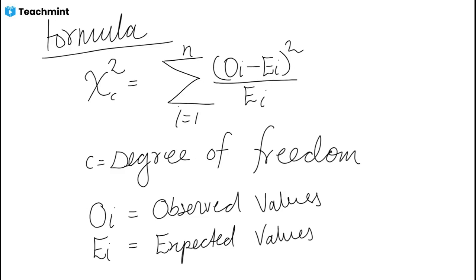So the degree of freedom will be 1, because degree of freedom is n minus 1, and we have black and white, only two values. We usually find this chi-square value and compare it with the tabulated value at 5% level of significance with 1 degree of freedom. So the tabulated value we have is 3.84.